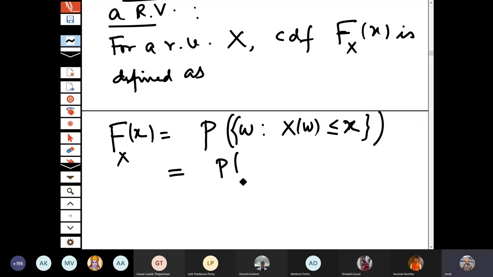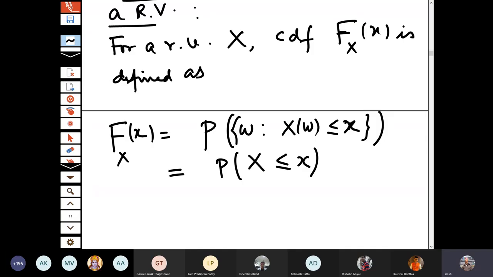In popular terminology, we will just write the probability of capital X less than or equal to small x. But if you consider the proper description, because the probability function is defined over a sample space, it is the set of all those points for which X(omega) is less than or equal to x.